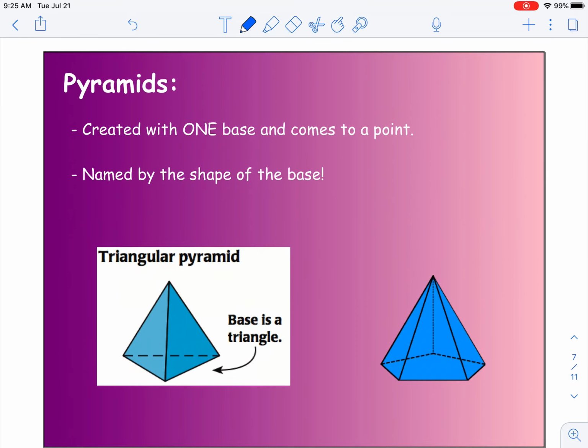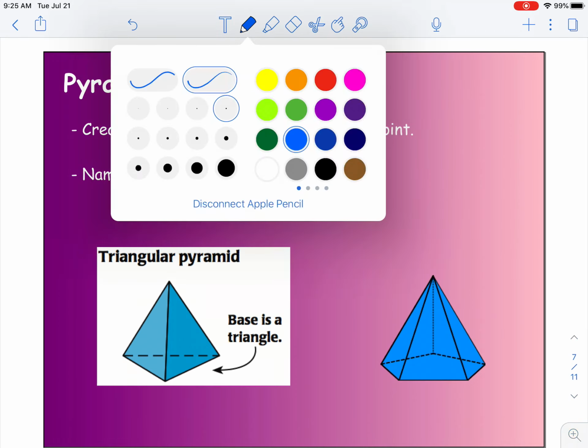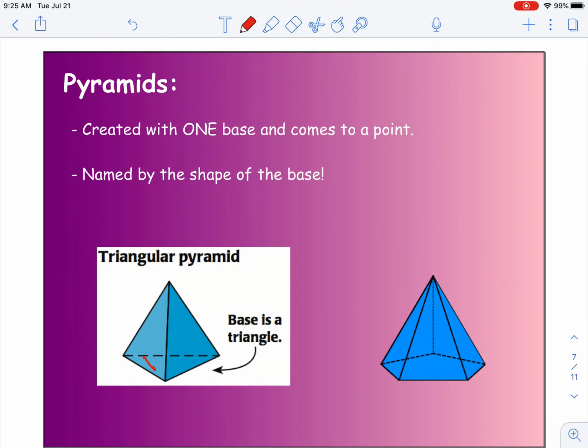So pyramids, on the other hand, are created with one base, and it comes to a point, still named by the shape of the base. So we can see that this base is a triangle, so we call it a triangular pyramid. This base right here is a pentagon, so we would call it a pentagonal pyramid.